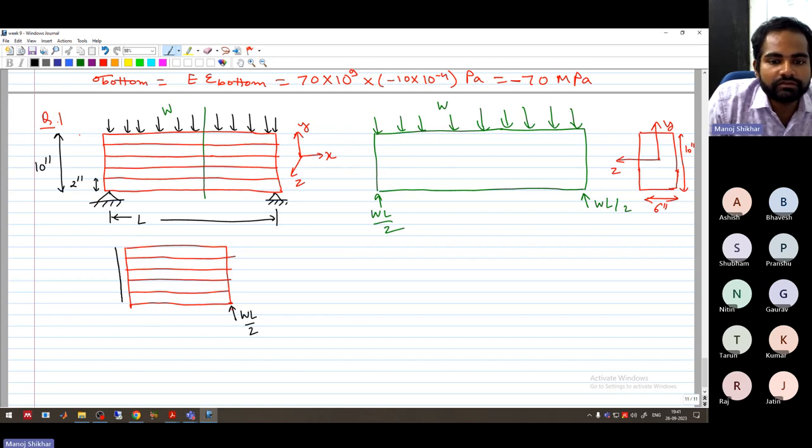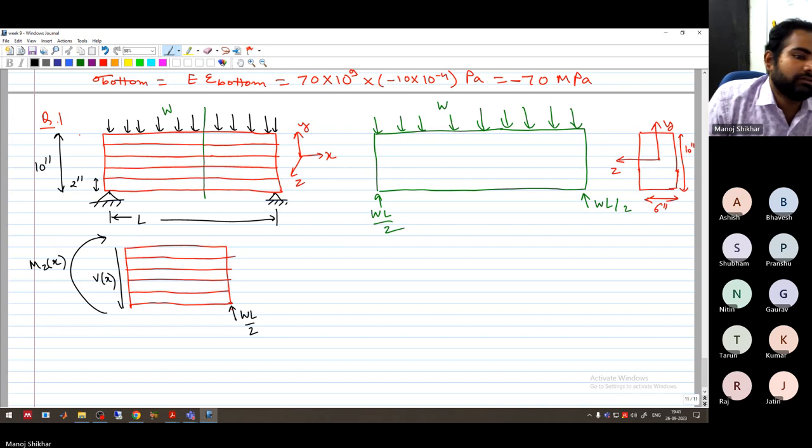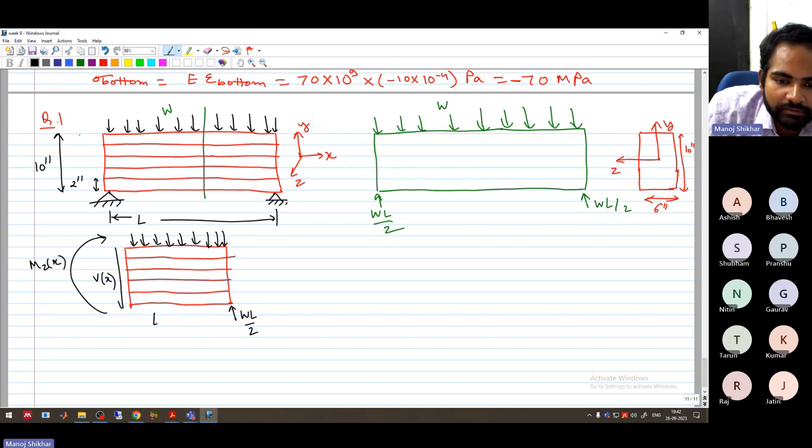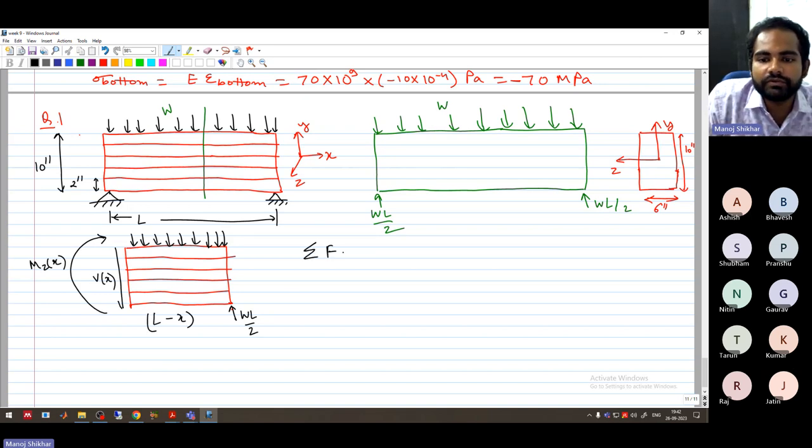We have Vx on this face. We will have moment on this face, Mzx, and we will have the distributed load here. And this length is L minus x.